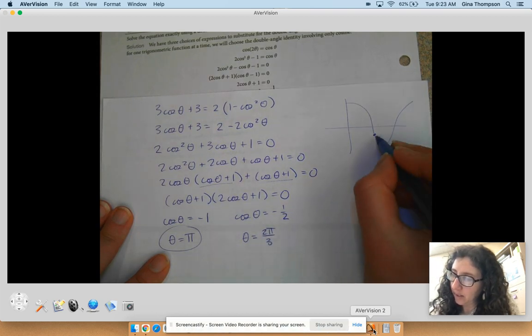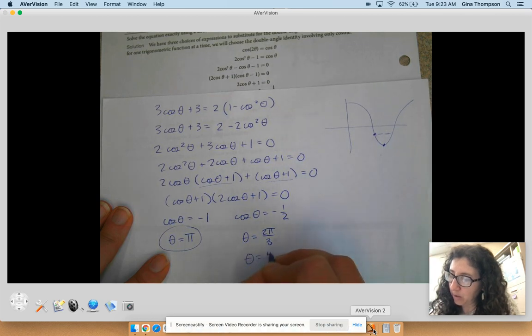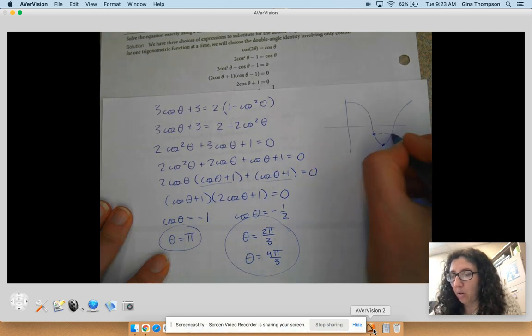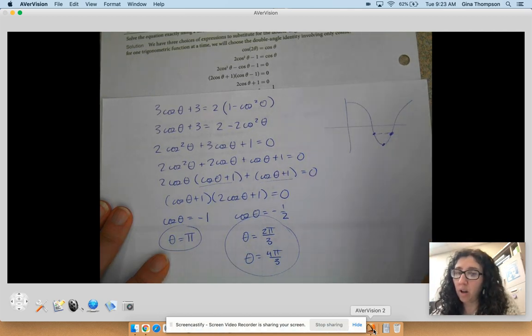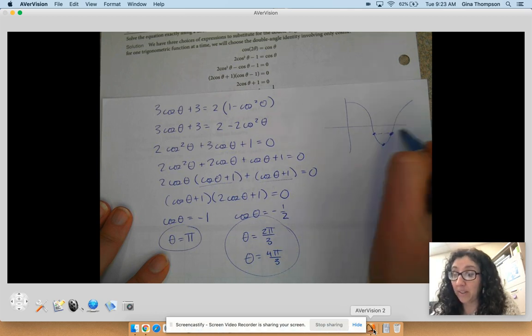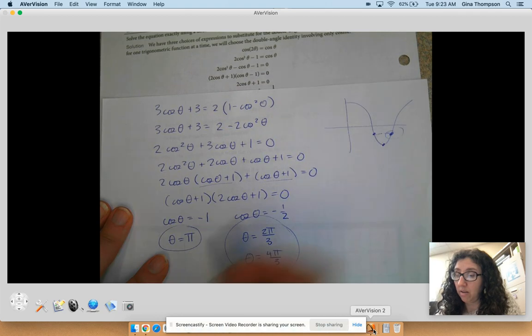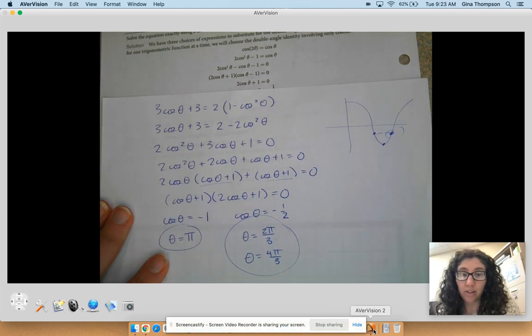And this is 1/3. Pi plus 1/3 is going to be 4 pi thirds. So again, really helpful on these to draw a little sketch so that you have a clue about how many solutions you're expecting, so you don't forget the second solution. Right, so here are our 3 solutions to that.